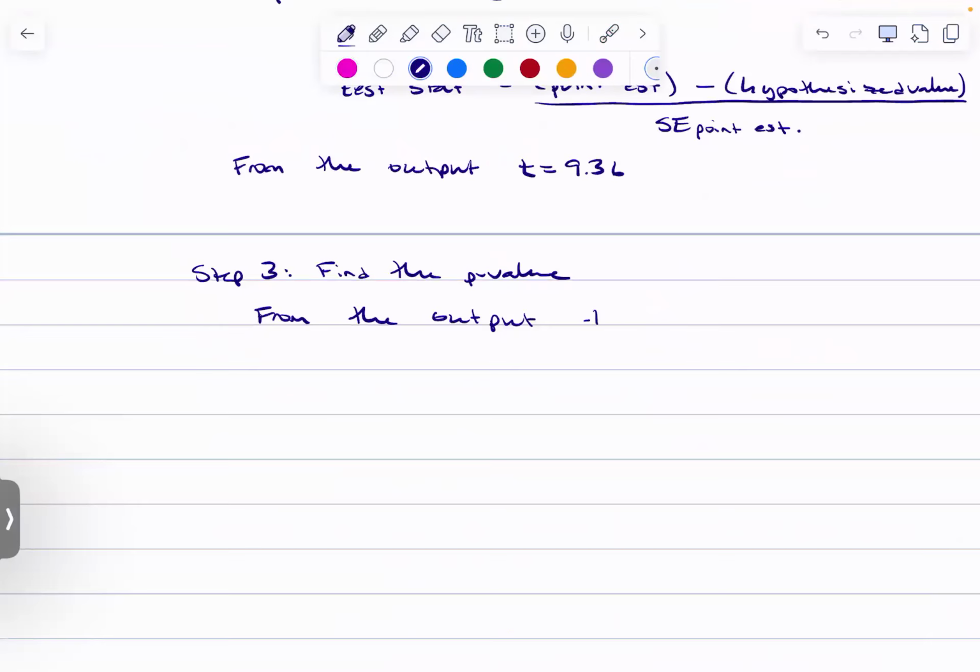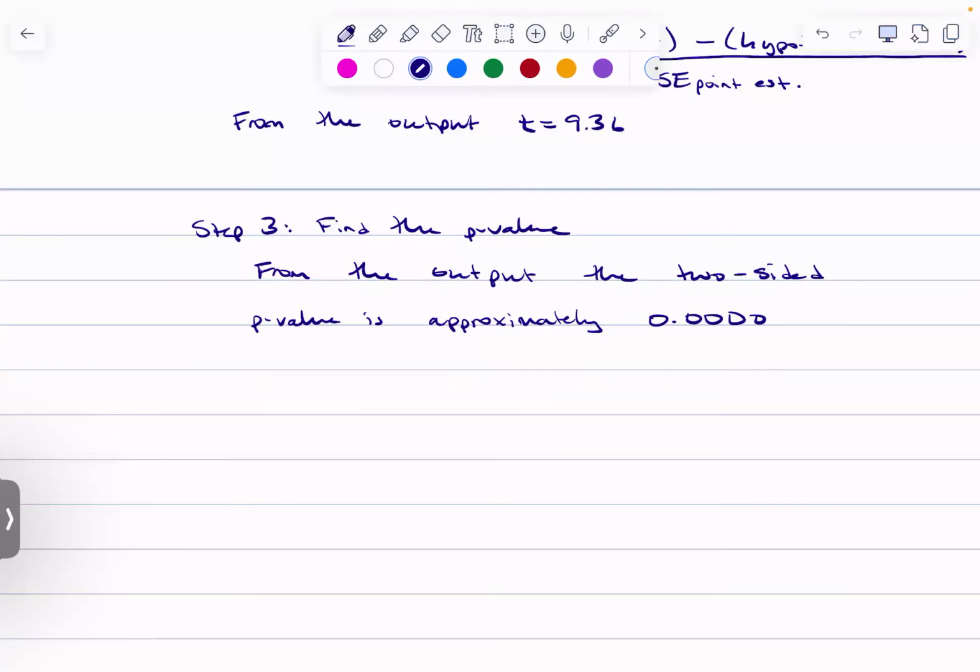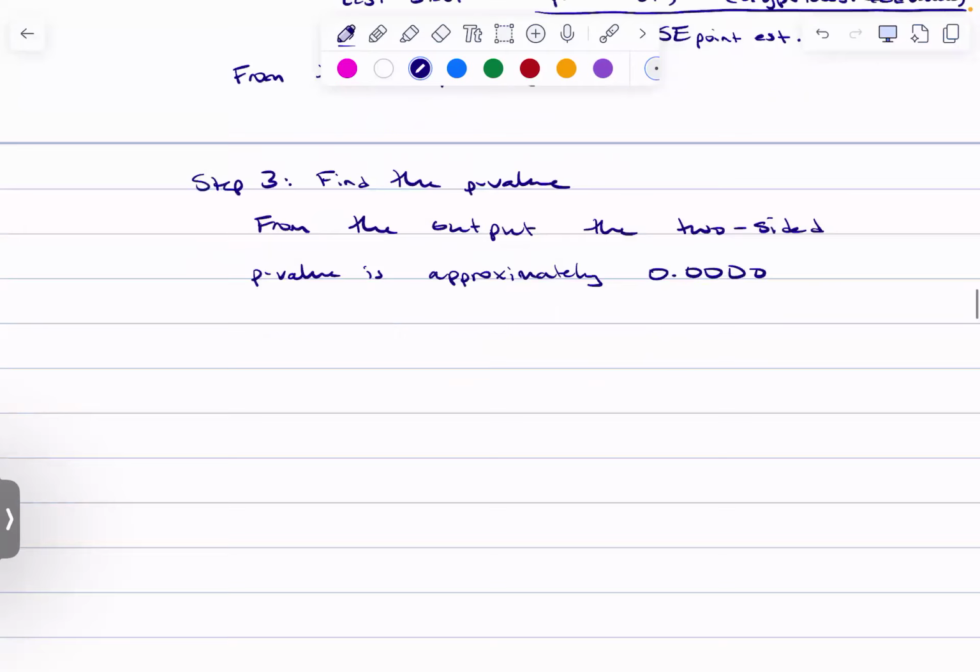From the output, the two-sided p-value is less or approximately 0.000. Very small. Then you can state your conclusion. With a p-value this small, I have enough evidence to reject H naught.